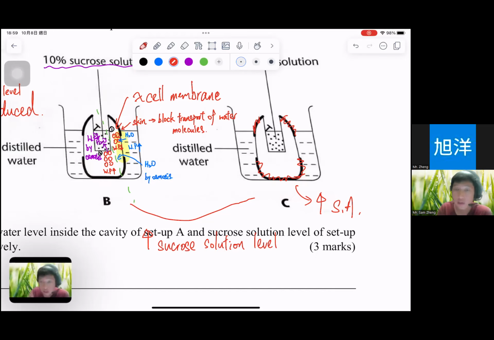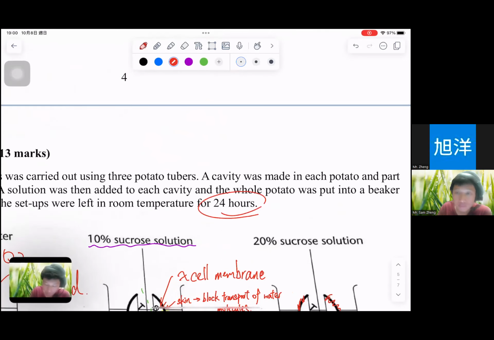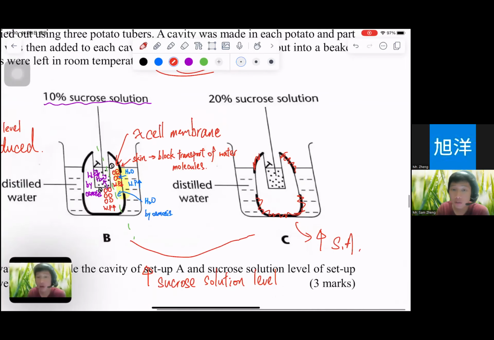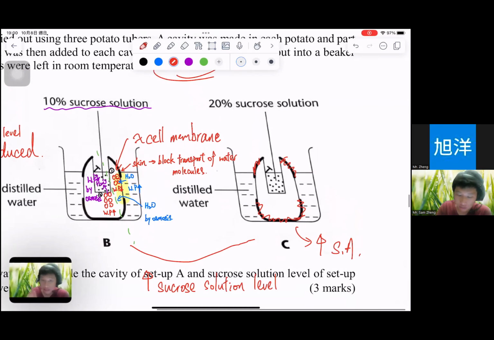So although the osmosis process will be faster, the overall result will remain the same after 24 hours.